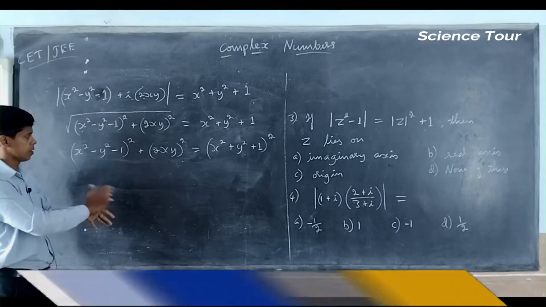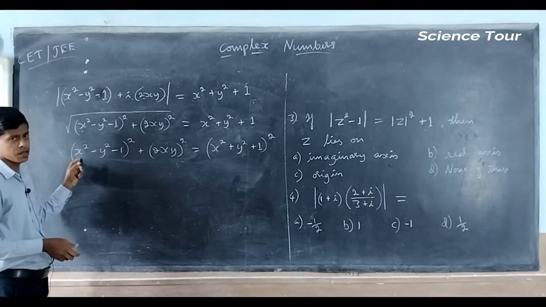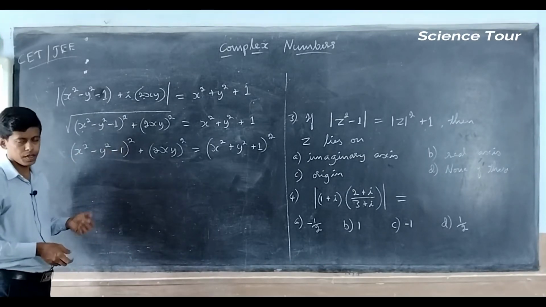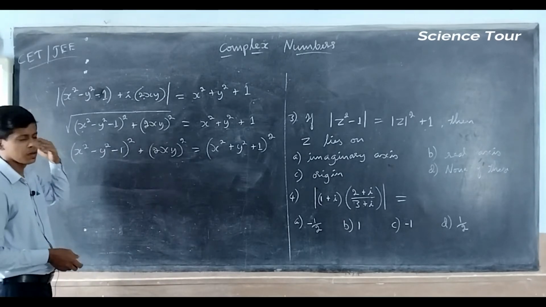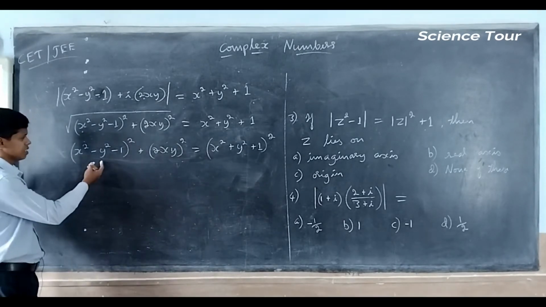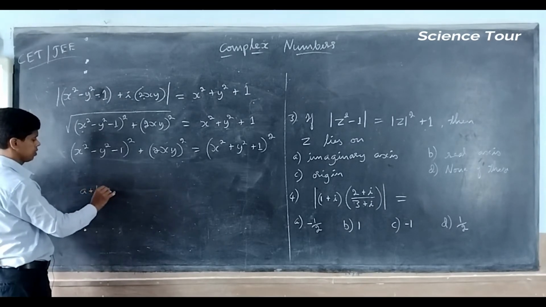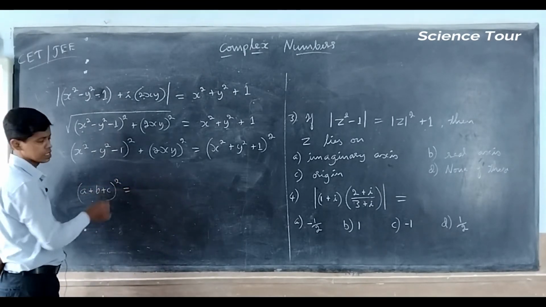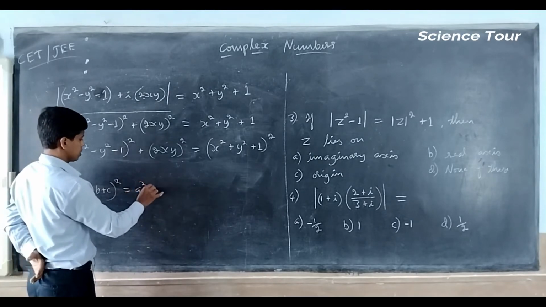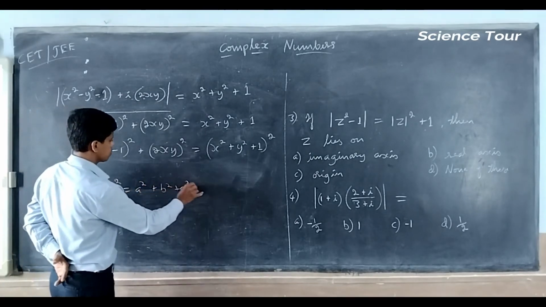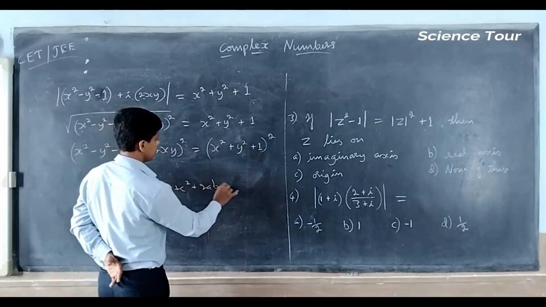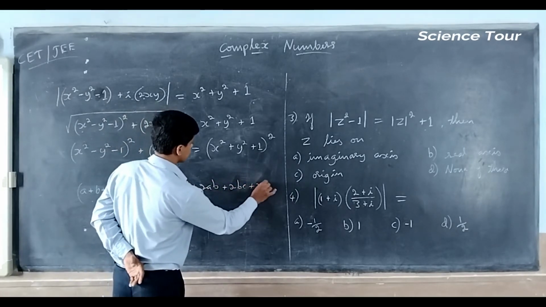You have got whole square. Okay, so what is this actually? So what is a plus b plus c whole square? That is equal to a square plus b square plus c square plus 2ab plus 2bc plus 2ca.